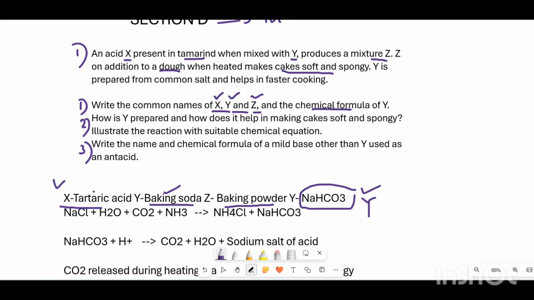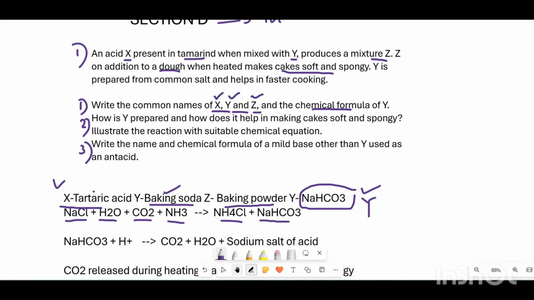How is Y prepared? And how does it help in making cakes soft and spongy? So you should write the preparation of baking soda. Baking soda is prepared by taking sodium chloride solution, NaCl plus H2O, and you should pass carbon dioxide and ammonia gas. The products will be ammonium chloride and baking soda, NaHCO3.